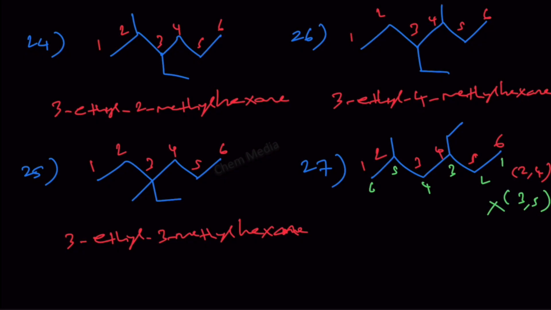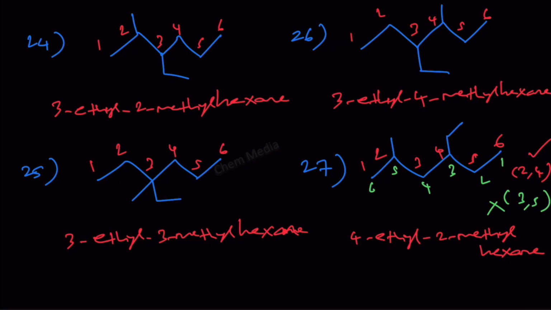That is the correct way of numbering. And therefore, this is 4-ethyl 2-methyl, because once again alphabetical order comes into play. So 4-ethyl 2-methyl hexane. That is the correct IUPAC name in one line. By the way, no 4-ethyl 5-methyl is possible. So we are exhausted with the hexane chain.